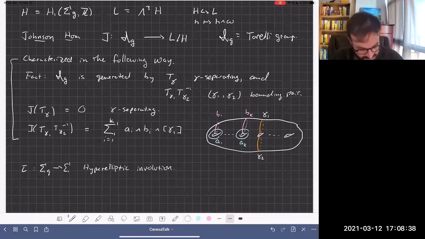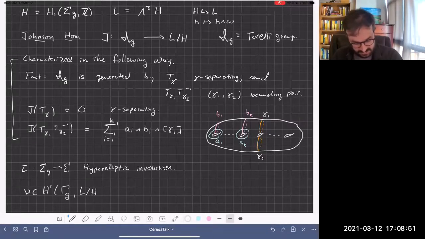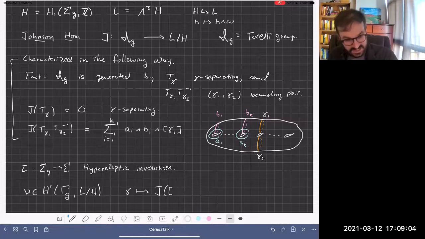Now let's define this class nu in the group cohomology of the mapping class group with coefficients in L mod H by sending gamma to the Johnson homomorphism of the commutator of gamma with tau.